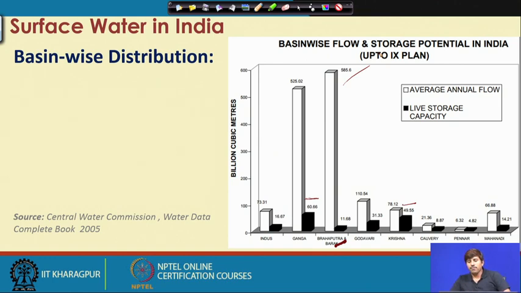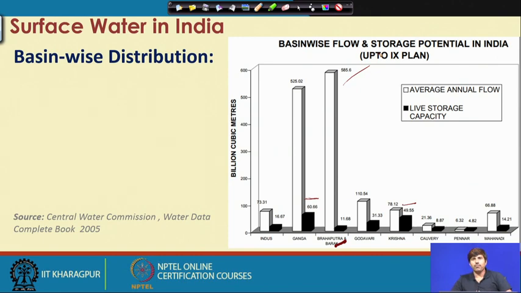The same is true for the Ganga, which has a fairly large storage capacity, but still, if you see the volume of water that it flows, it is around 525 billion cubic meters, which is a huge volume, and it can store at a time only 60 billion cubic meters.